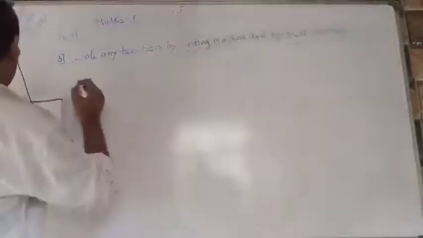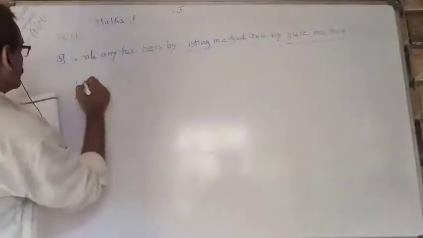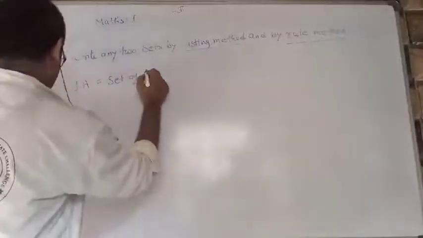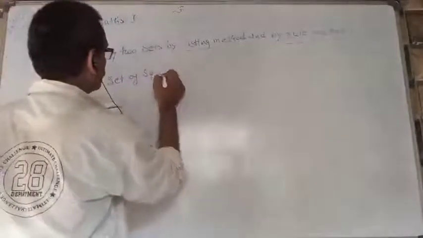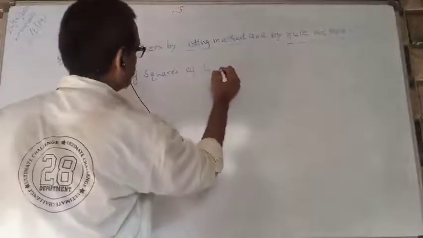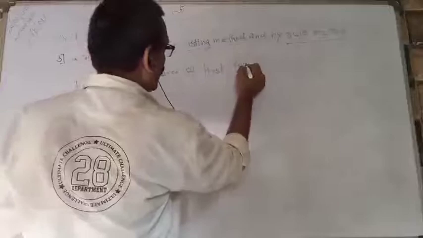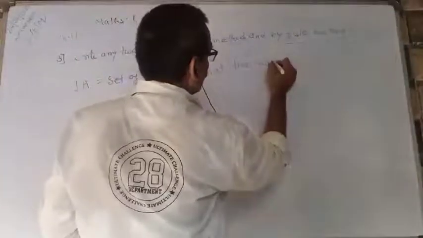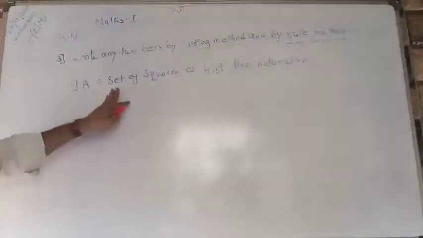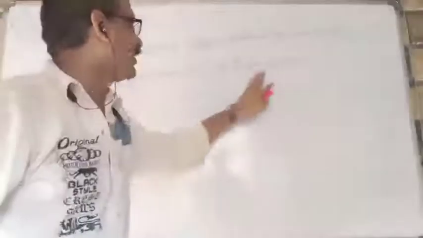Now we start the first one: a set of squares of the first 5 natural numbers.